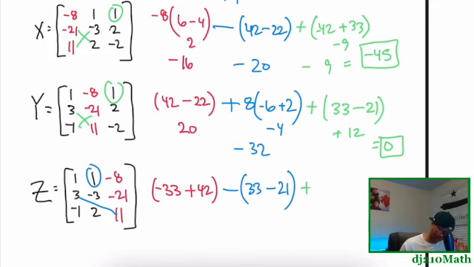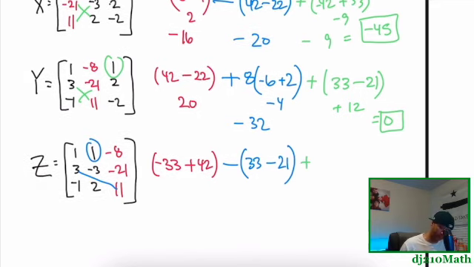Plus, I guess we could have been adding these up. So negative 33 plus 42, 9. 33 minus 21, 12. So negative 12.